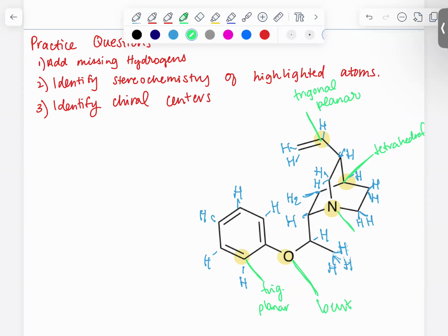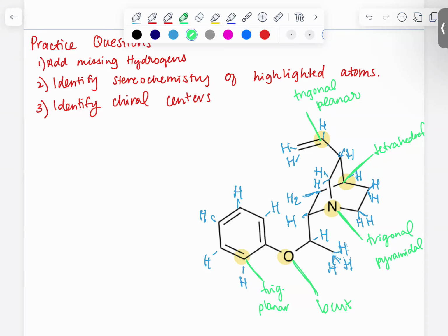Okay, what about this nitrogen? Trigonal pyramidal. Do we all agree? Do we have questions about how those were assigned? If there's only one double bond, yes.